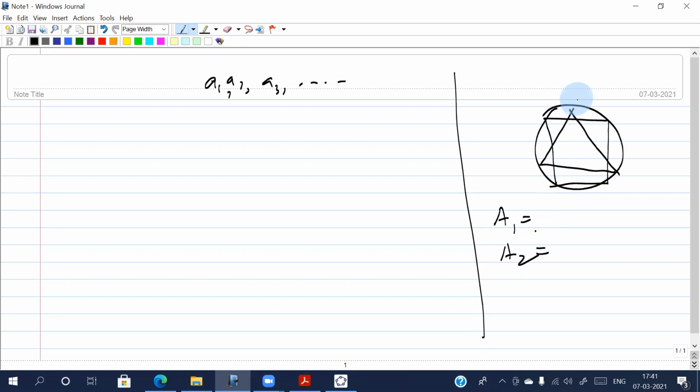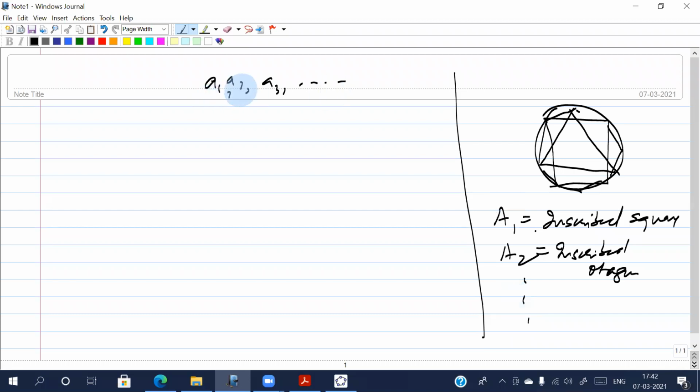When you double the sides, you get the inscribed octagon, and so on. This is how a sequence is generated.